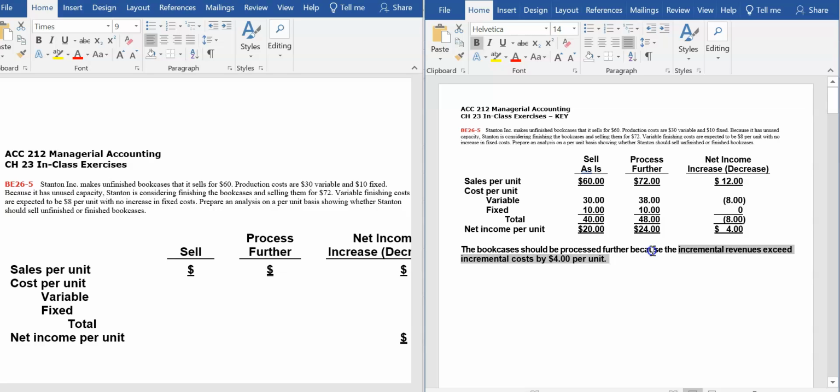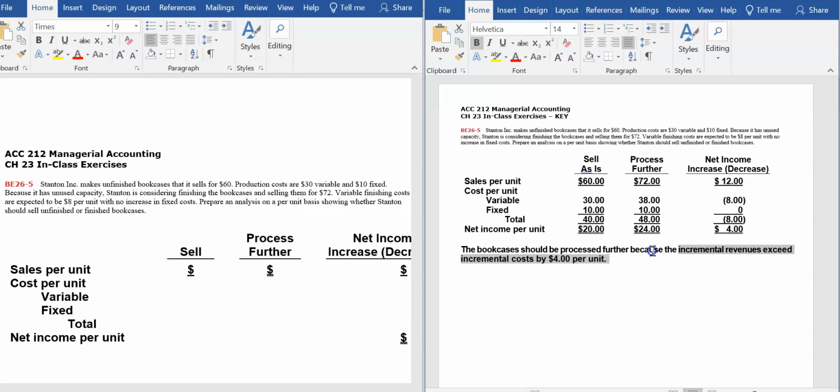Now, what we're going to find with all of these decisions is that we can focus on the quantitative analysis. By quantitative, I mean the financials, the money. But every time managers make a decision, they need to look beyond the financial, look beyond the quantitative, and they need to look at the qualitative aspects as well.